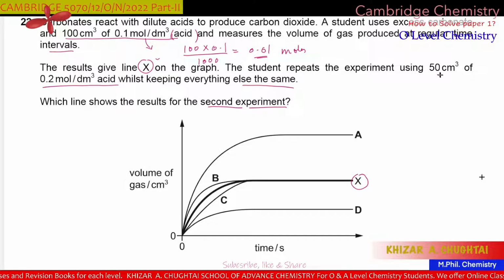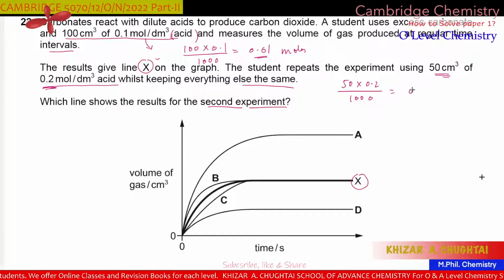In the second experiment, we are using a different volume and different concentration of the acid. Let me find out the mole once again for this acid. That is 50, volume, into its concentration, 0.2, divided by 1000. And again the answer is 0.01 mole. So both experiments have the same number of moles.